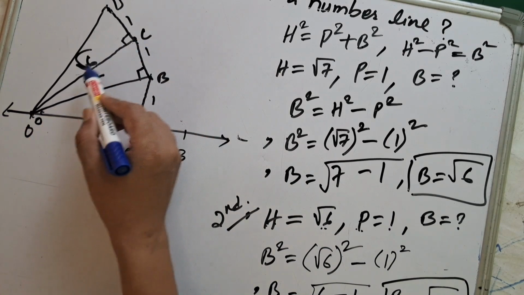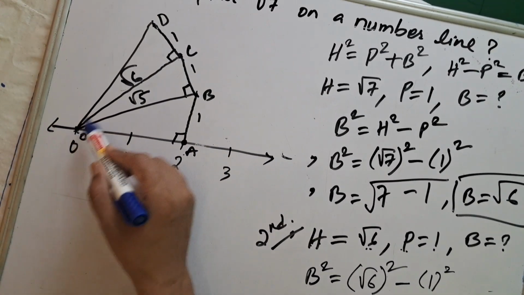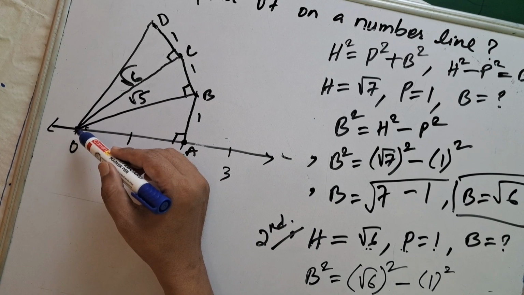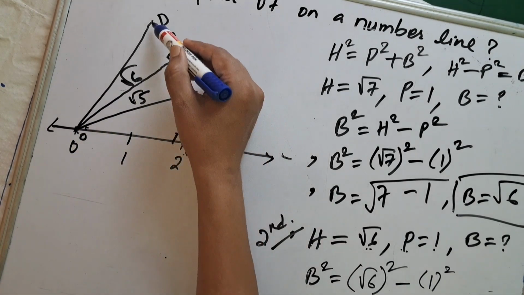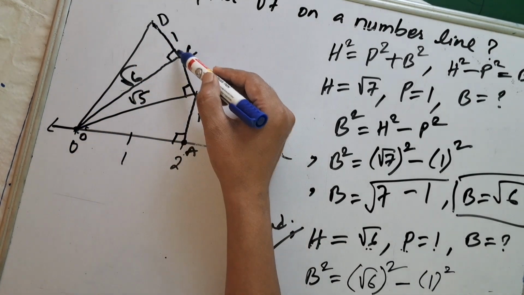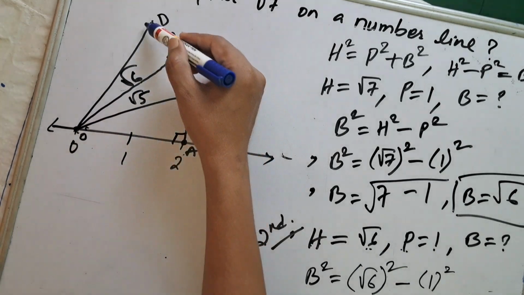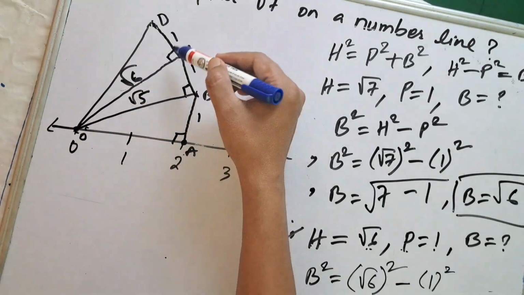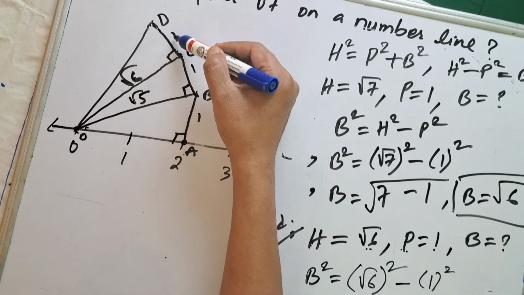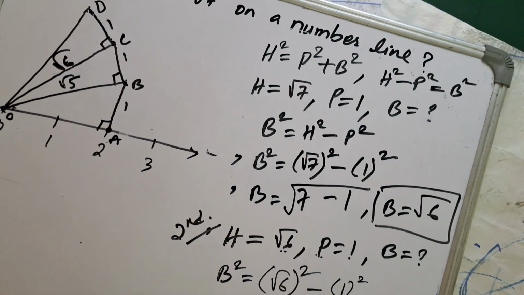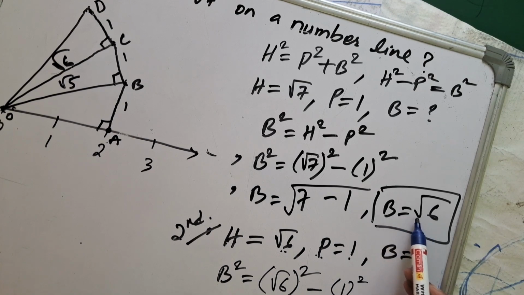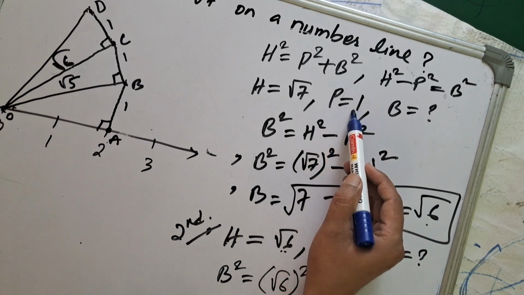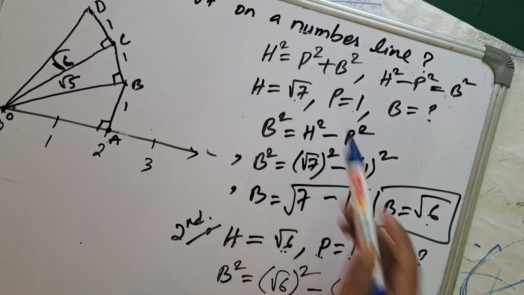When OC is root 6, we see another right angle triangle OCD, isn't it? OC is the base, root 6. CD is the perpendicular, 1 unit. So when base is root 6 and perpendicular is 1, hypotenuse is root 7, isn't it?